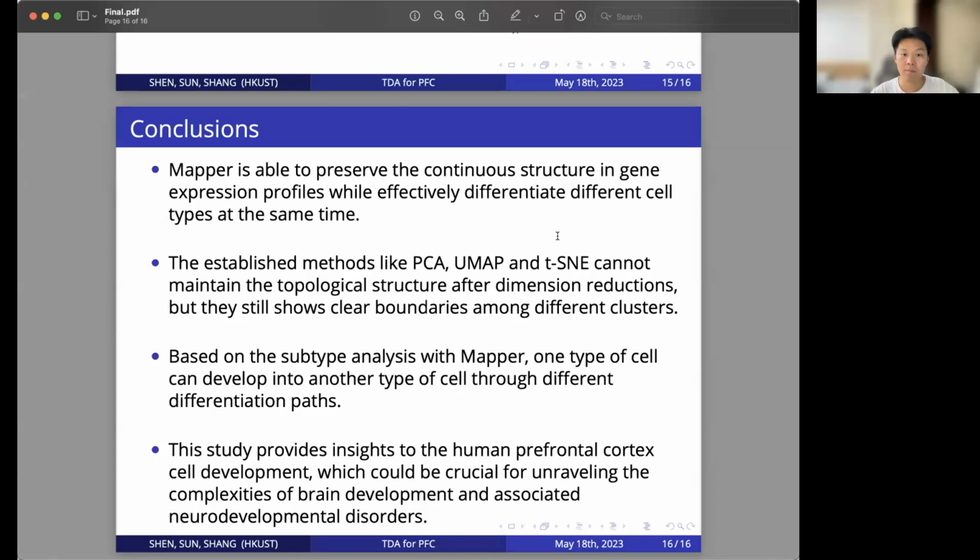Based on the subtype analysis, we can go further: one type of cell can develop into another type of cell through different differentiation paths, which is consistent with the phenomenon of cell differentiation. The whole study provides insights into human prefrontal cortex cell development, which is very important for later study.